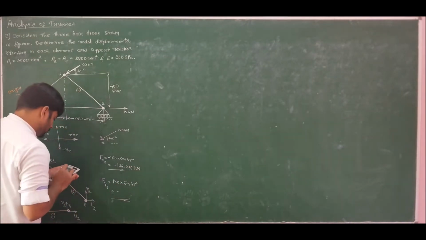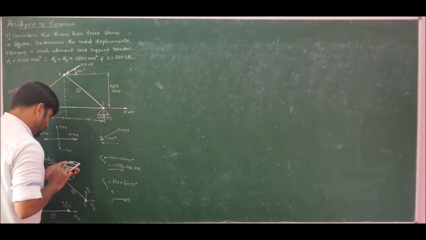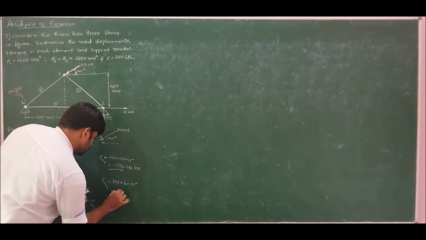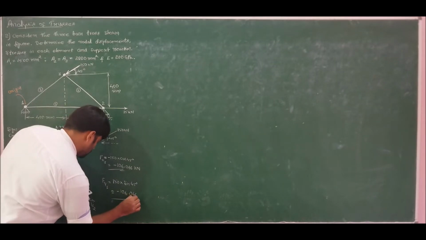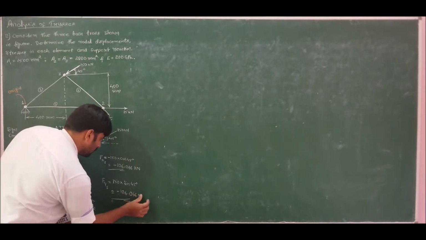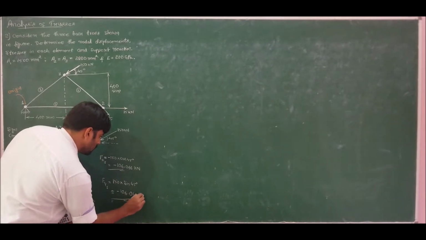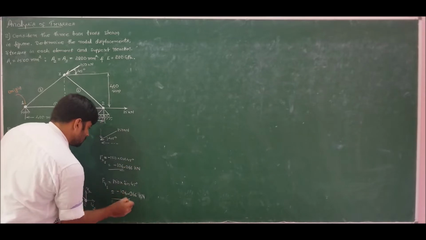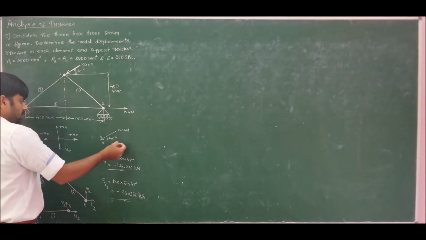The y component is also equal to the same, because sin 45 is equal to cos 45, which are equal to 1 by root 2. Hence, I will get the answer as 106.066 kilonewtons, because the force 150 itself is in kilonewtons. Both are negative because this is acting in negative y direction and this is acting in negative x direction.